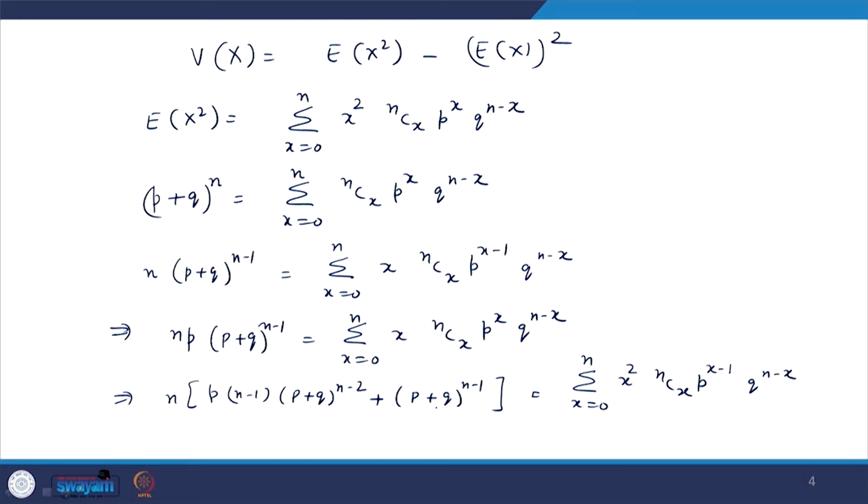Now, as p plus q is 1, it is np minus p plus 1 is equal to this value.